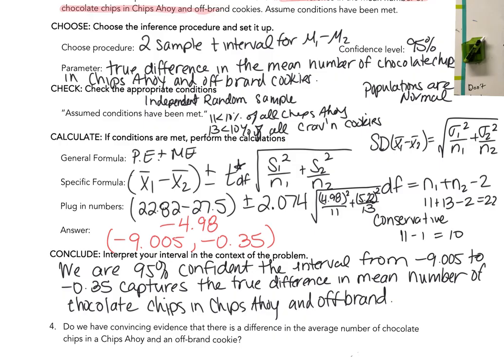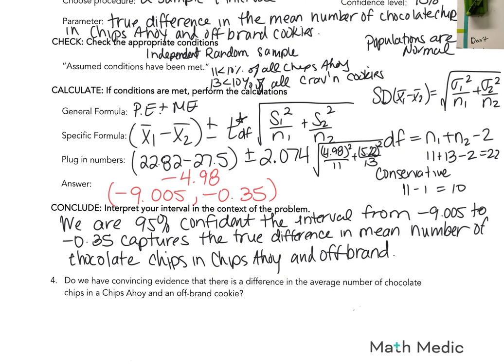And then do we have convincing evidence there is a difference in the average number of chocolate chips? Well, our interval is negative, negative, which tells us 0 is not in that interval. So that tells us the first number is smaller than the second number. So yes, we do have convincing evidence.